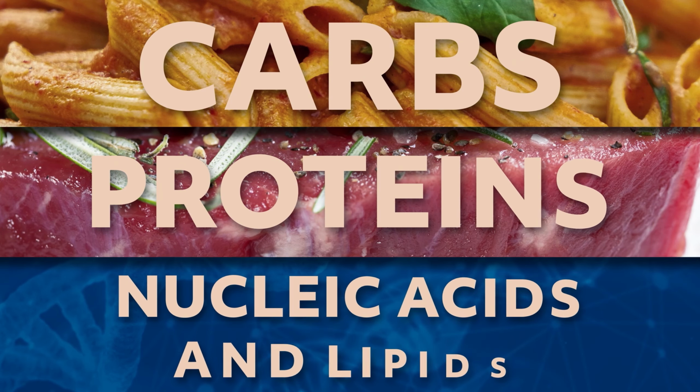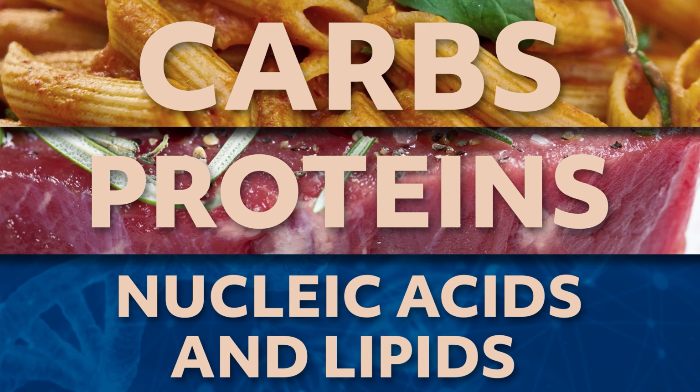Now let's take a closer look at the enzyme production in the gastrointestinal system. Carbs, proteins, nucleic acids, and lipids are all major elements in biological molecules. Life can't exist if the body is missing any one of these molecules. So it's no surprise that they each play a role in the gastrointestinal system. Here's how.